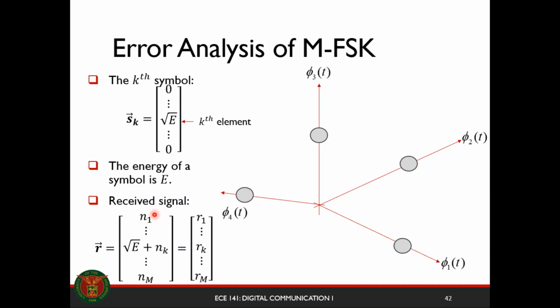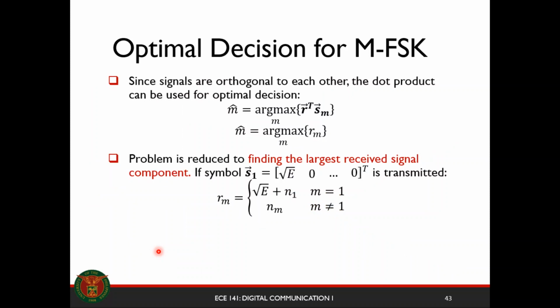Just to refresh, the noise is independent and identically distributed Gaussian random variables. So your kth element would have the energy plus the noise. The advantage of orthogonal signals, or FSK signals rather, is that the orthogonality can be exploited.